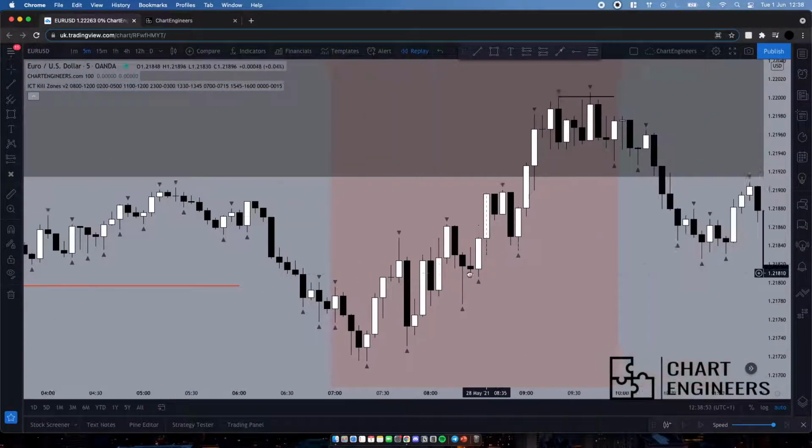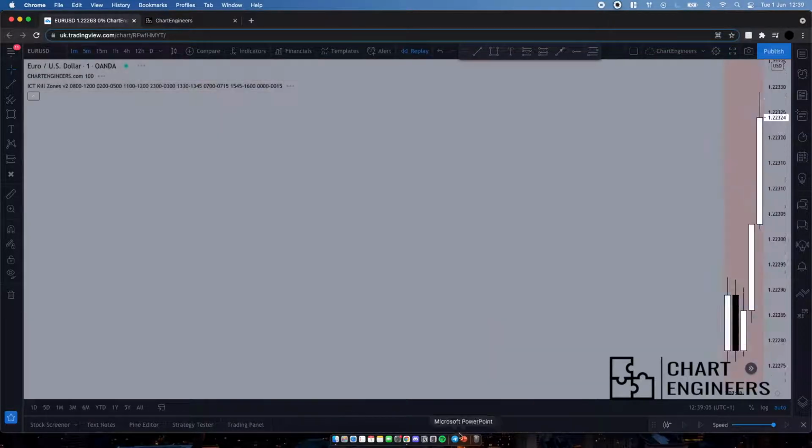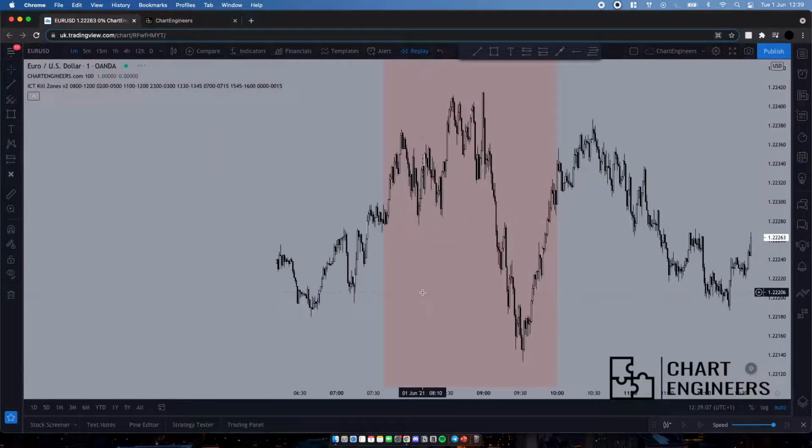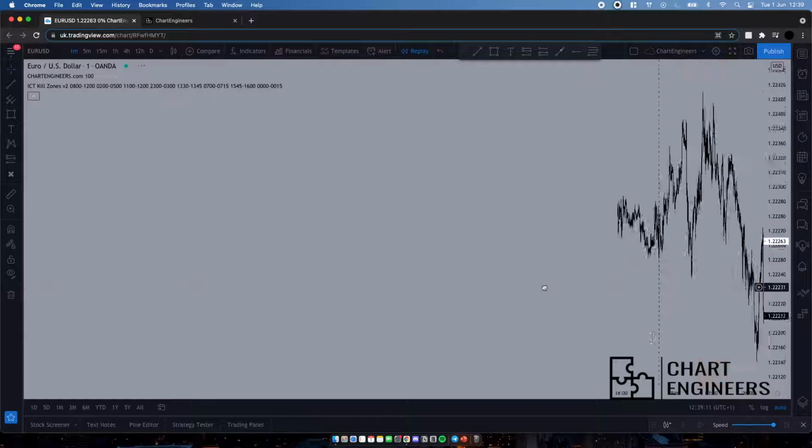So yeah, you're just waiting for price to come into this area, and then we finally get the M5 raid near the end of London. So the M5 raid happened at 9:40. Then you want to go to your 1 minute time frame and just look for a breaker zone, market structure break.